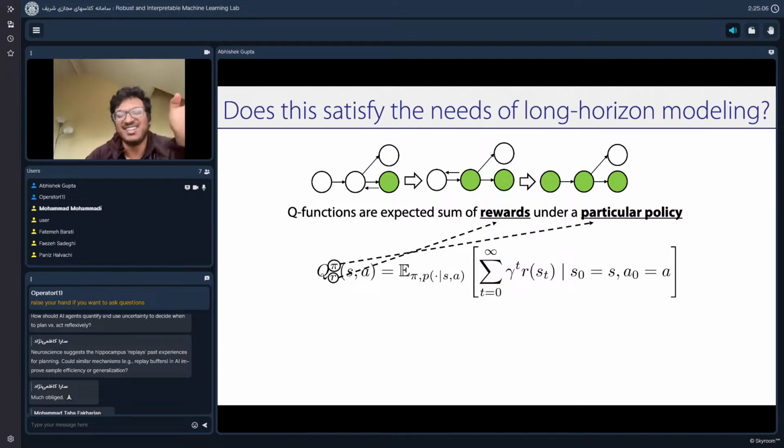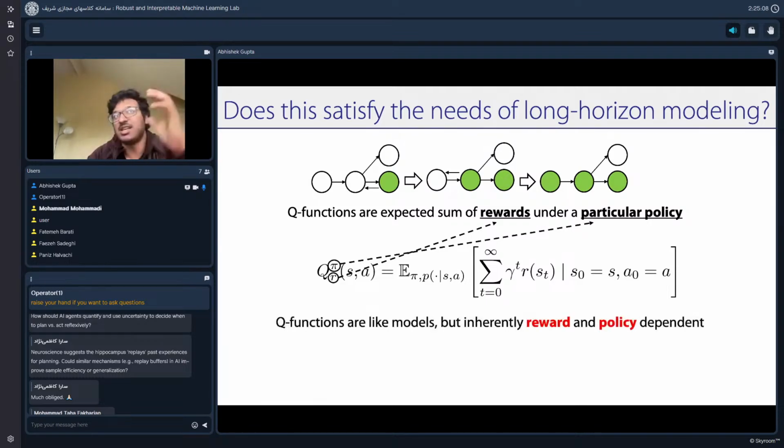And so Q functions have lots of similar properties to models. They're predicting things about the future, they're predicting the cumulative outcomes, which is great. But Q functions depend on reward and Q functions depend on policy. So if you go back to our original motivation of having an unsupervised corpus and training one thing that can quickly be used on many different downstream tasks, Q functions don't satisfy that directly, right?